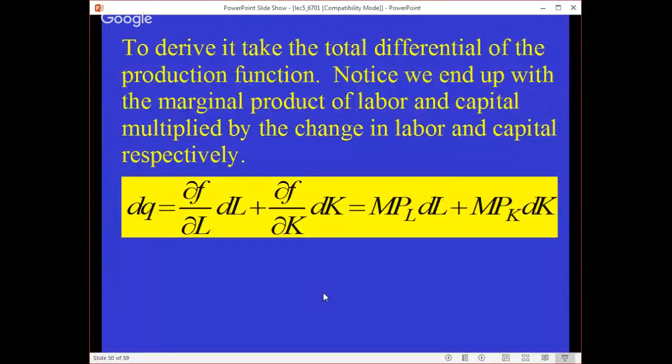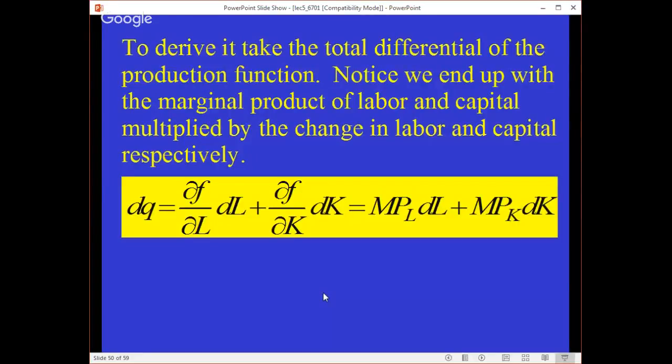On the first day of class, I introduced partials. And if you remember, I introduced something known as a total differential. All a total differential is, is taking all the partials one at a time and then adding them up, multiplying each by the change in that variable.